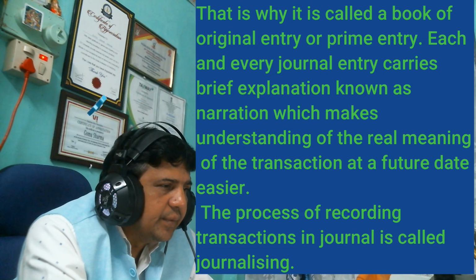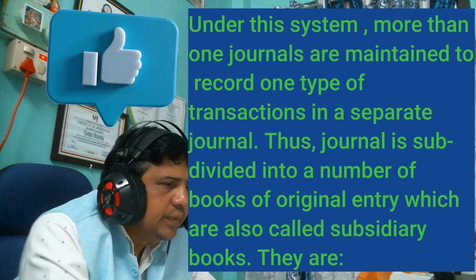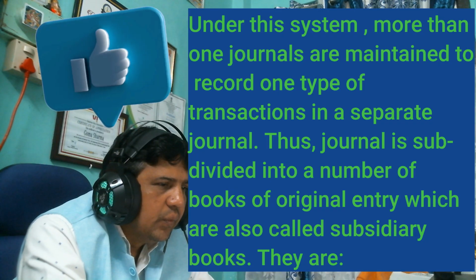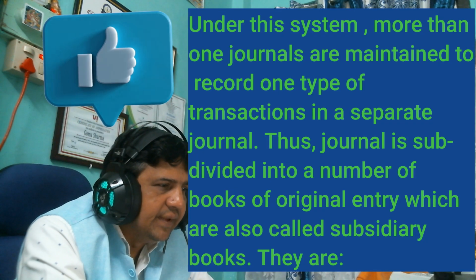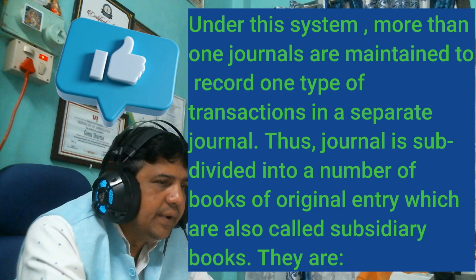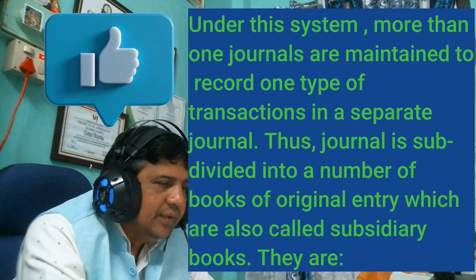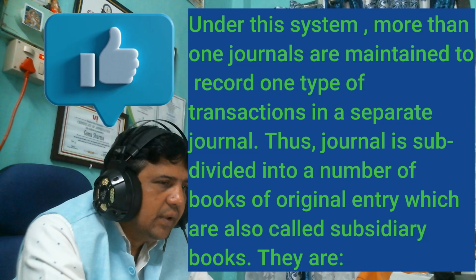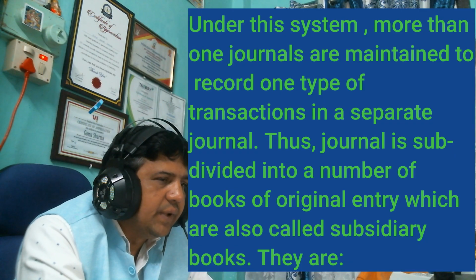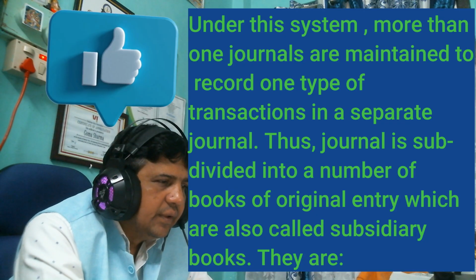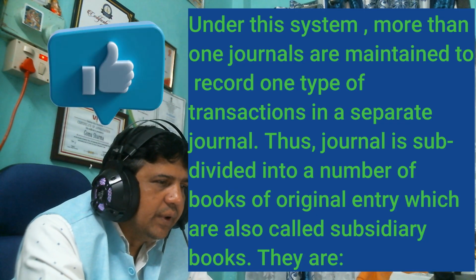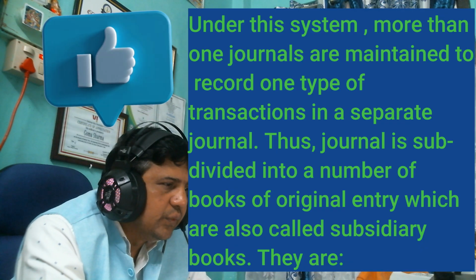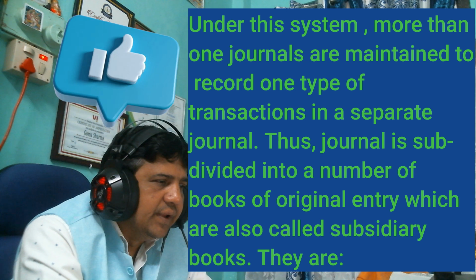Under this system, more than one journal is maintained, to record one type of transaction in a separate journal. That is, a number of journals are maintained for separate types of transactions. Thus, journal is subdivided into a number of books of original entry, which are also called subsidiary books.